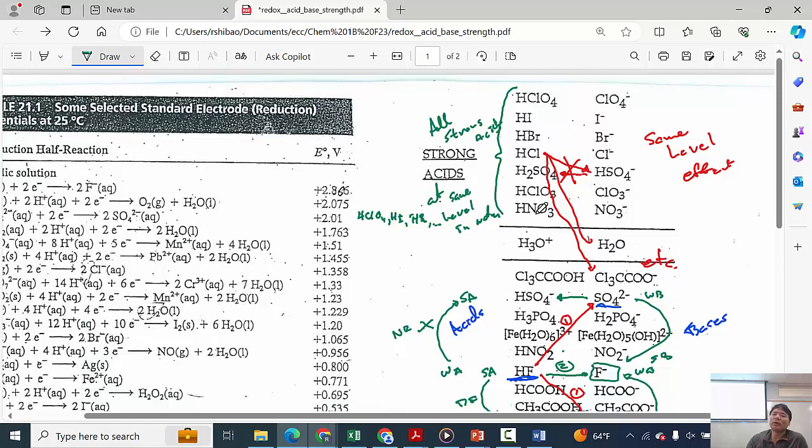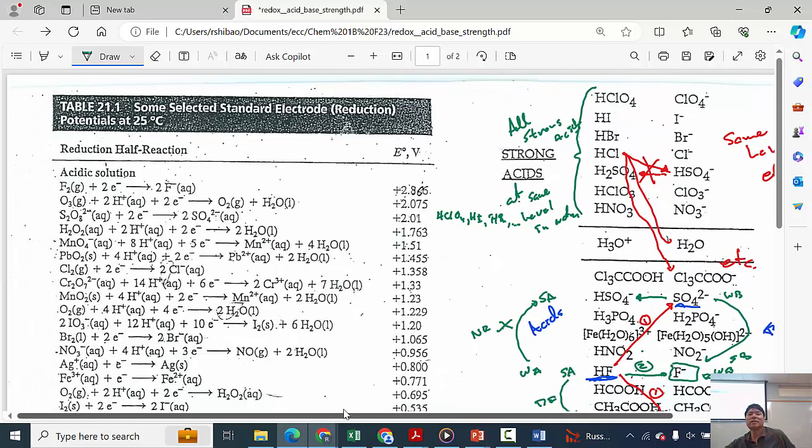And so in water, we write these all at the same level, which means when we do this downhill, uphill stuff, they're all at the same level in trying to determine driving force. All right, so does this make a little bit of sense here?